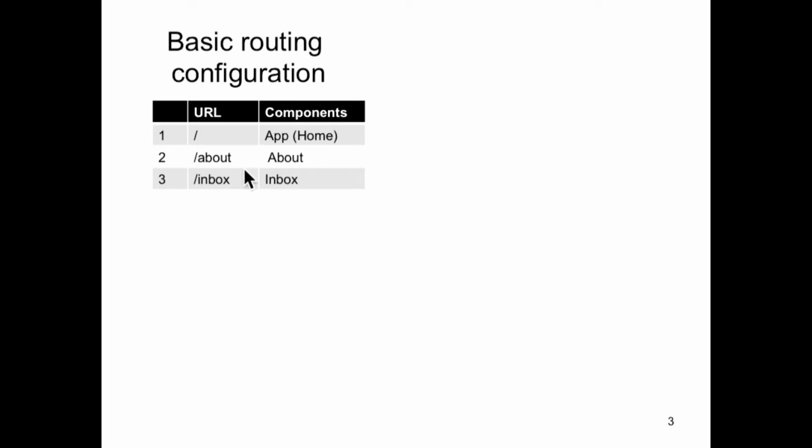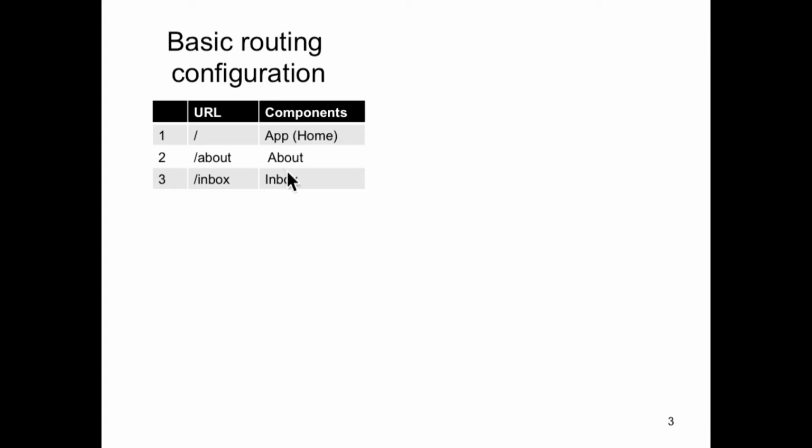And what I'm saying here by this table is that if the browser URL is currently just showing the root path name, then I want my app to load the app component. If the URL is /about, then I want it to load or mount the about component, and if the URL is this, I want it to mount the inbox component. There doesn't have to be any association between the URL and the component name. It just happens to be in this case.